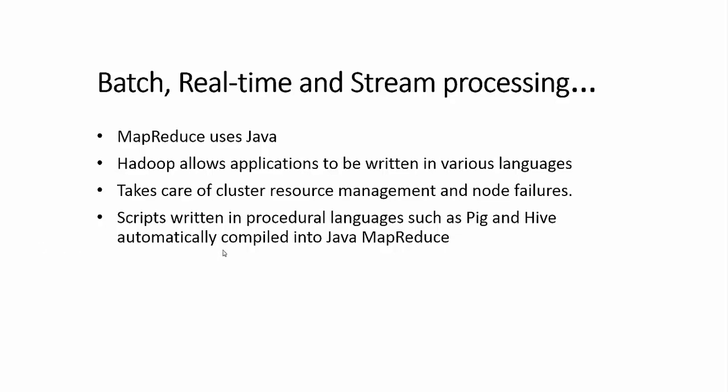Pig is a simple procedural scripting language in which the developer defines how data is transformed from one step to the next. Hive uses Hive Query Language, or in short HQL, which is similar to SQL. We will talk more about Pig and Hive in various different videos.